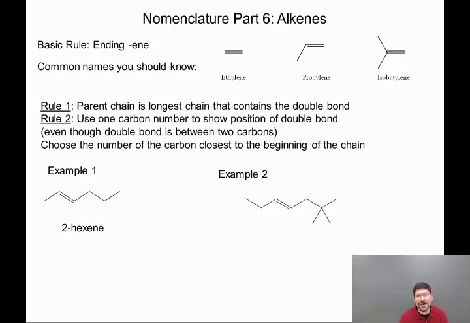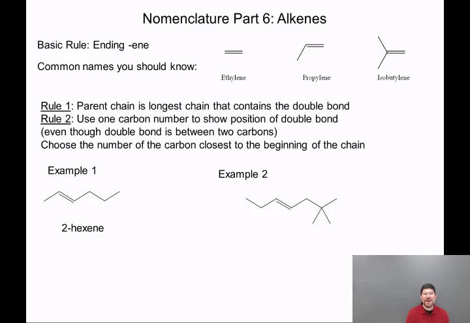Okay, next example, slightly more complicated in that we have substituents present also. So the double bond is going to take priority over simple alkyl substituents. In this case, if we numbered the molecule from left to right, the double bond would be between carbon 3 and carbon 4. But if we numbered the chain from right to left, the double bond would be between carbon 4 and carbon 5.